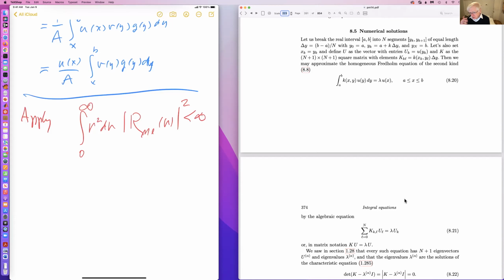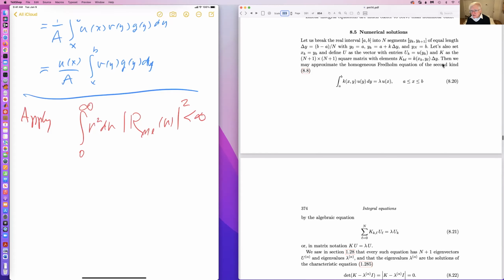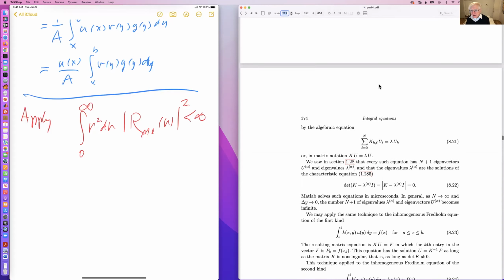And as I said, you can turn these problems, if they're linear, into linear algebra problems, in which case you take, for example, this homogeneous Fredholm equation of the second kind. Well, it's an eigenvalue equation.